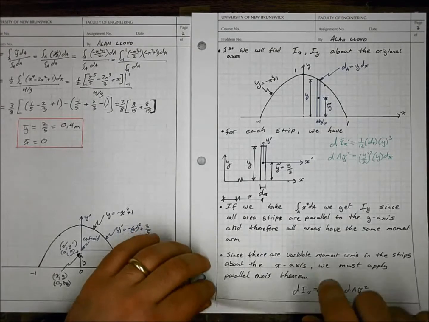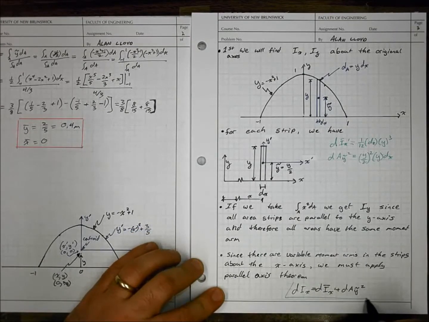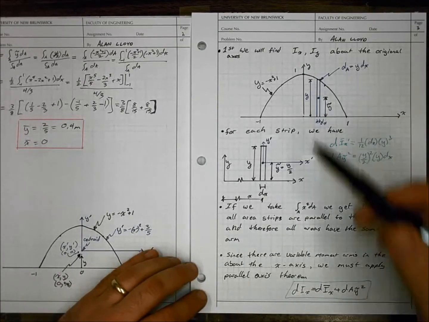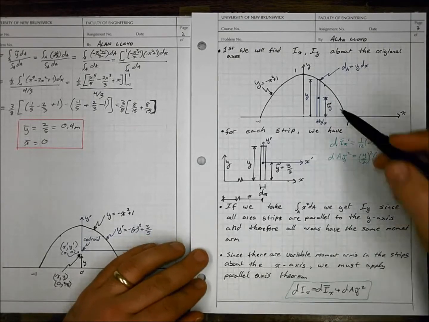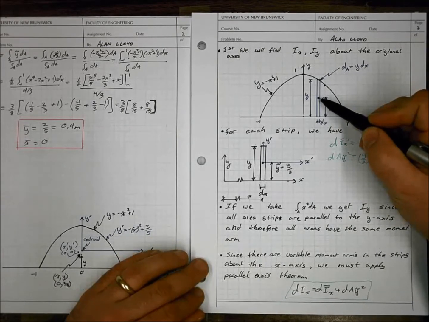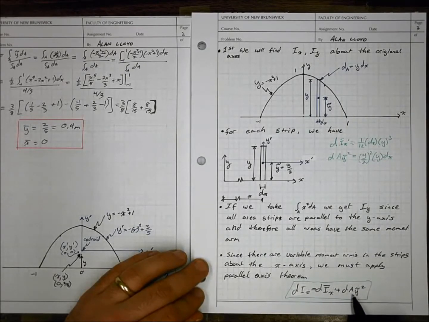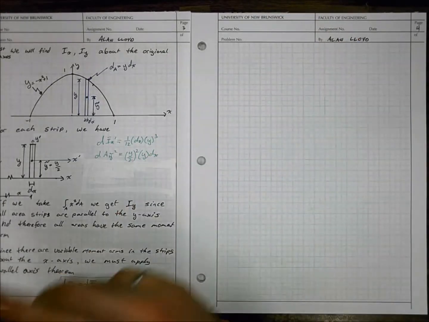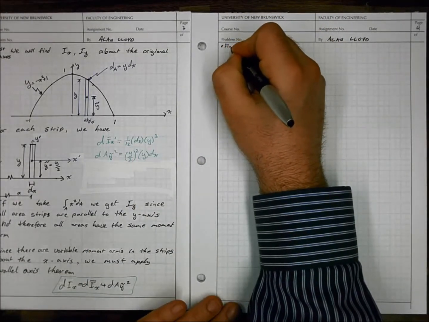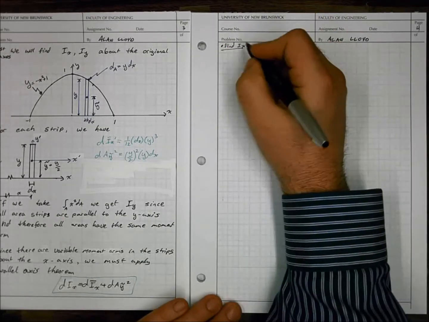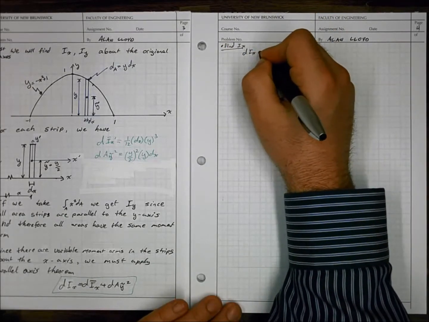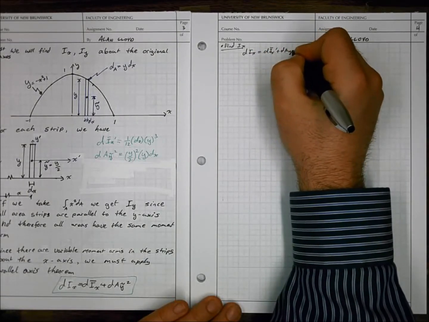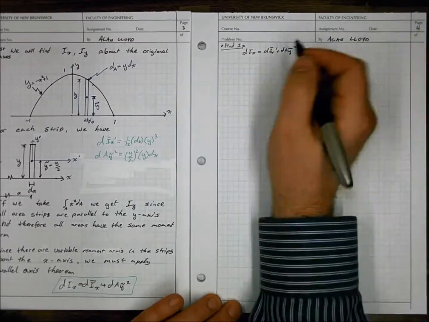So let's apply this equation here, the differential of the moment of inertia. The differential moment of inertia for a single strip is equal to the moment of inertia of the strip itself about the strip centroidal axis plus the dA y bar squared term. Now to find Ix, we will work with the dIx equal to dĪx' plus dA y bar squared equation.